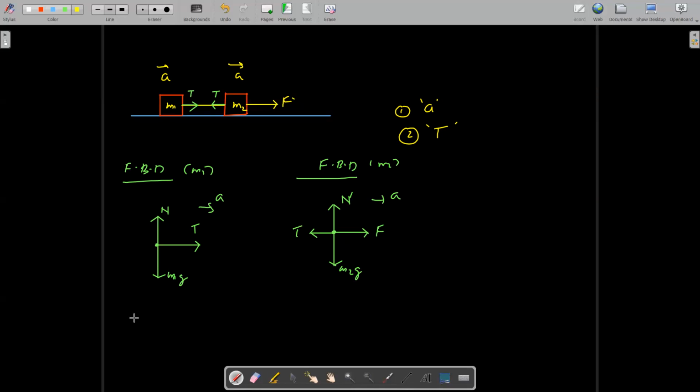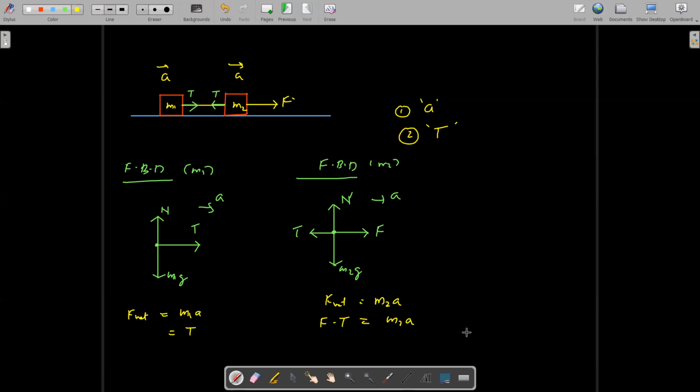So F net for M1, that is M1A, will be solely equal to the tension in the string. And for M2, F net will be M2A, which is F minus T. So F minus T is equal to M2A.